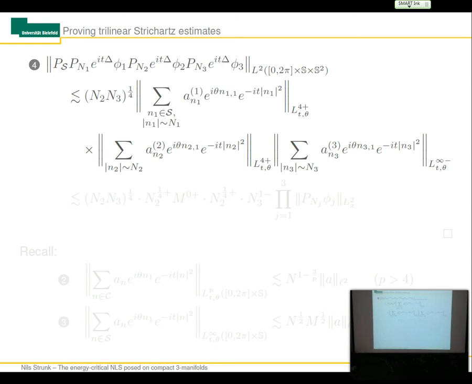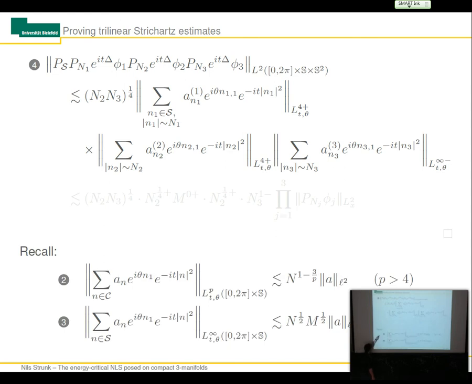Now I want you to recall the 2 exponential sum estimates that we proved before. For the first term, let's see what we get. This is the factor from the spectral cluster estimate. For this factor, if we plug in 4 here, we are left with n2 to the 1/4 plus.